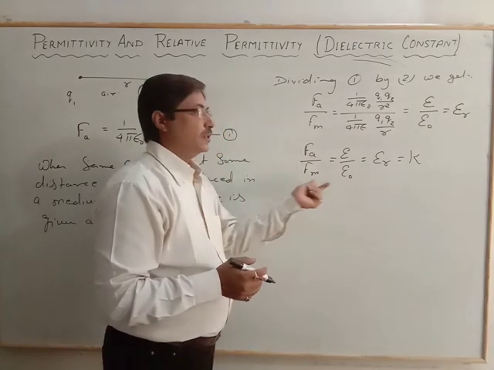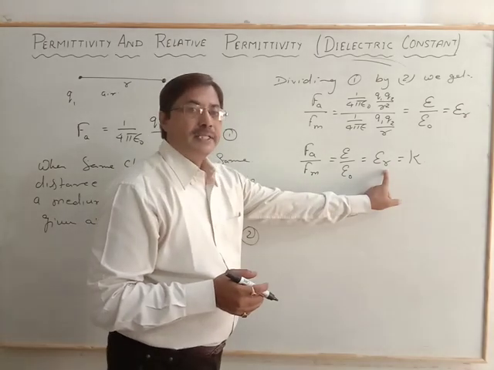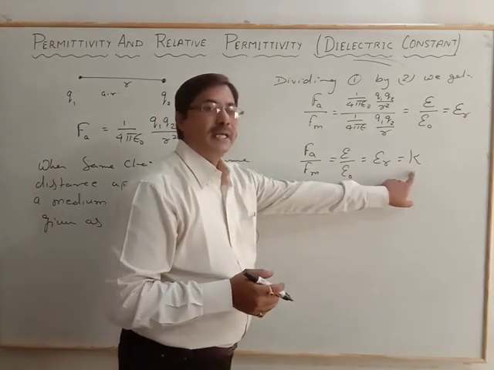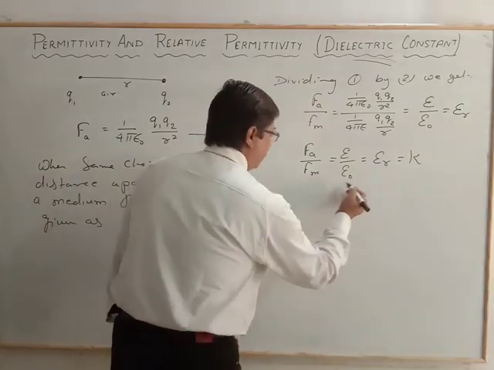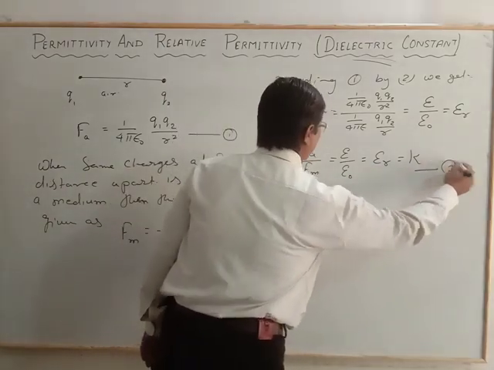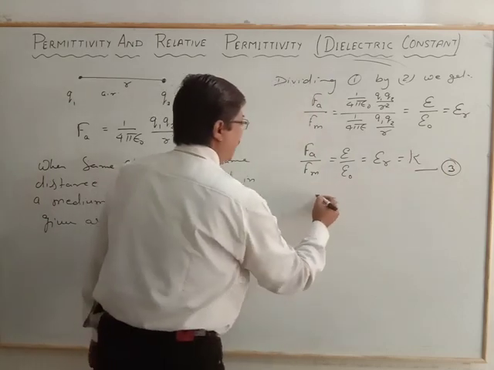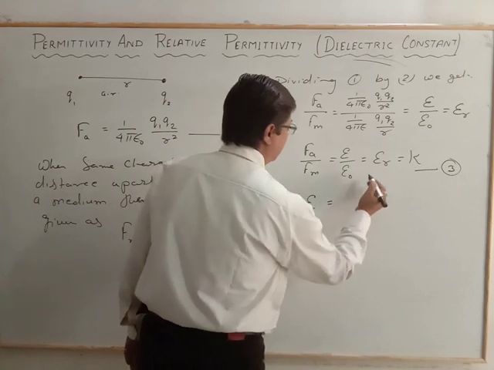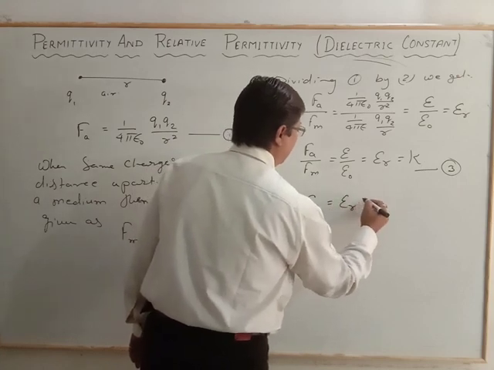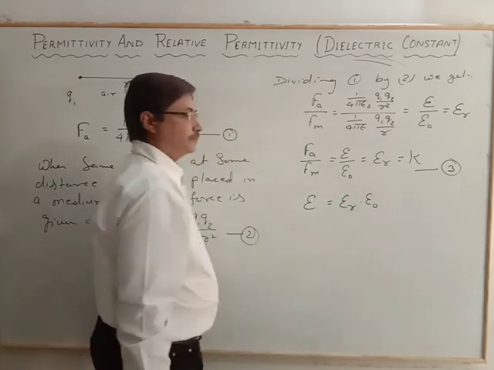That ratio is known as the relative permittivity or dielectric constant. So from relation number 3 we come to know that epsilon, the permittivity of the medium, is equal to epsilon r into epsilon naught.